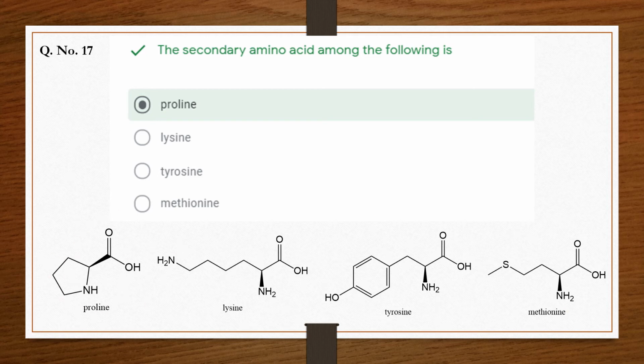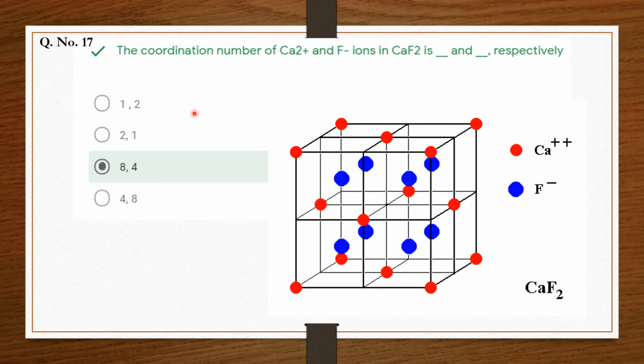The next question is, the coordination number of calcium 2 plus and fluoride ion in calcium fluoride is dash and dash respectively. Just look at the structure of calcium fluoride. In that, calcium ion forms an FCC lattice, that is 8 corners and 6 face centers will be occupied by calcium 2 plus ion, and there will be 8 tetrahedral holes in this structure, and those will be occupied by the fluoride ions.